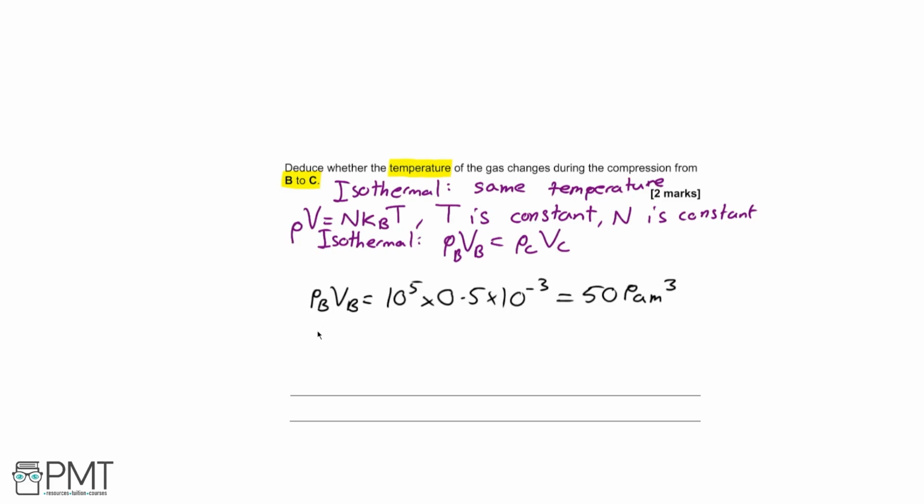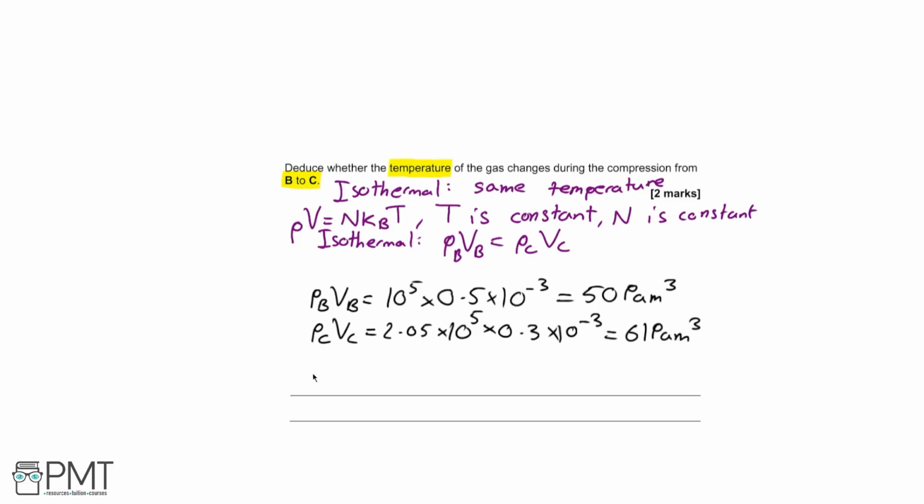We can do the same for PC times VC as being equal to 2.05 times 10 to the 5 times 0.3 times 10 to the minus 3, and that's equal to 61 Pascal meters cubed.